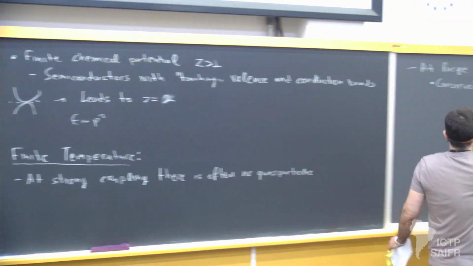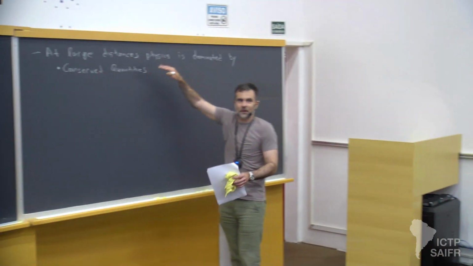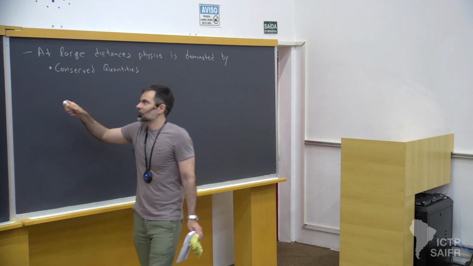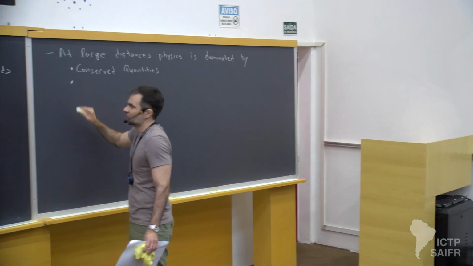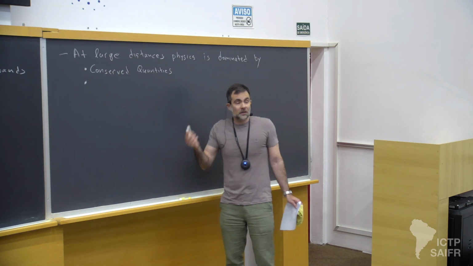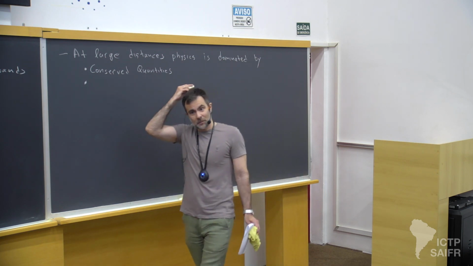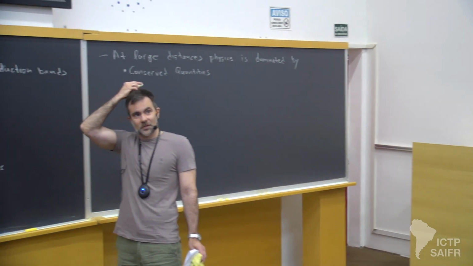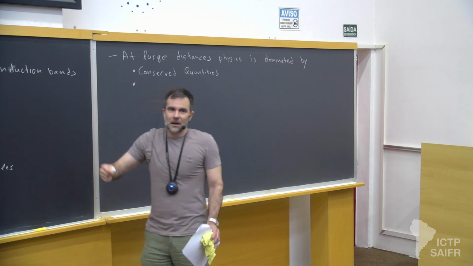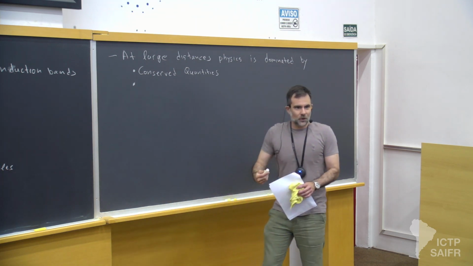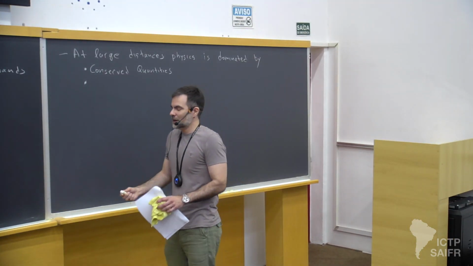Okay, so if I go back here, at long wavelengths, what else can dominate physics at long wavelengths? Well, the other thing is symmetry breaking, which is common ground in condensed matter systems. I hope that we will reach the point where we will talk about symmetry breaking in holography.